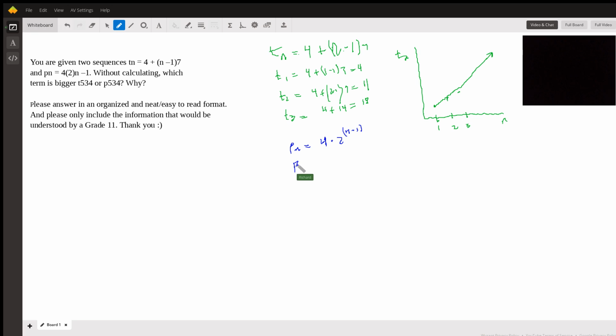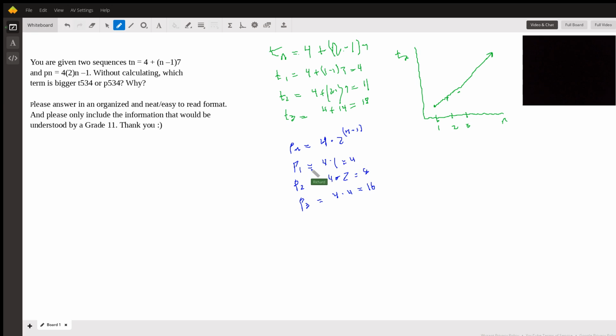P sub 1 is 4 times 1, which is 4. P sub 2 is 4 times 2, which is 8. P sub 3 is 4 times 4, which is 16.